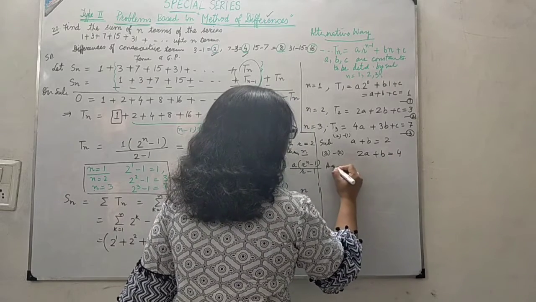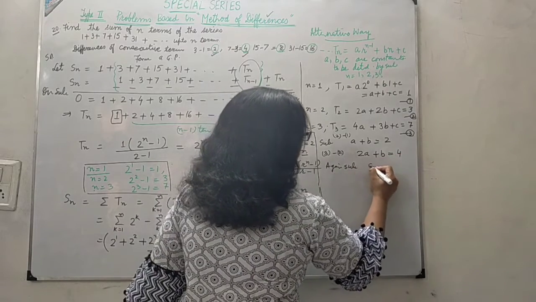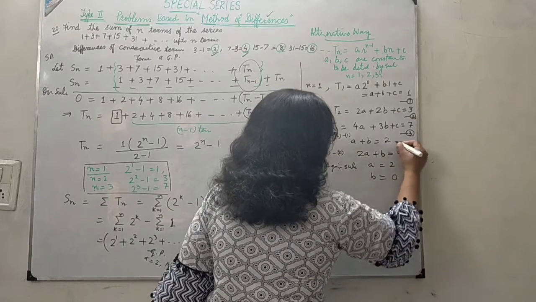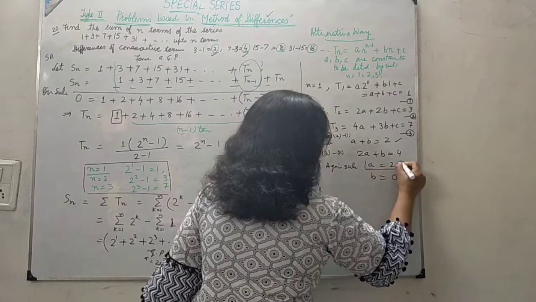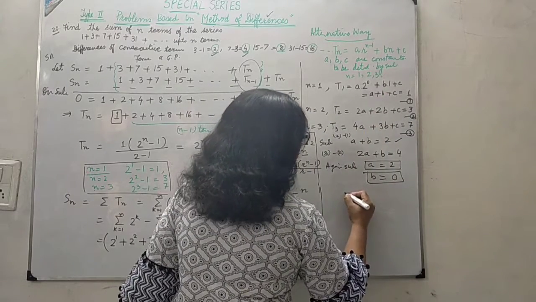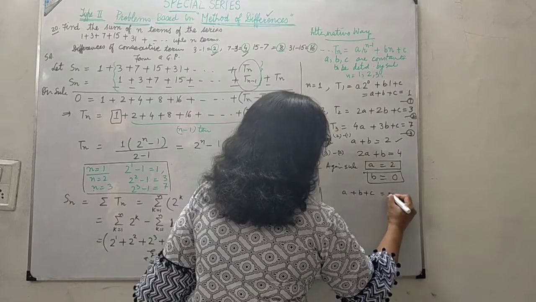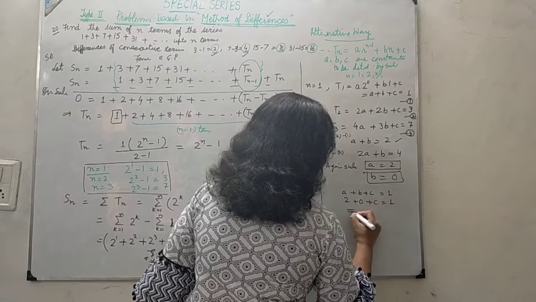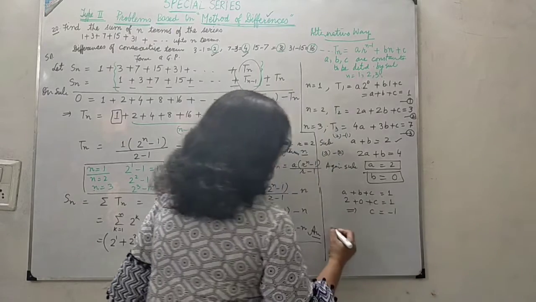So again subtracting we get A as 2. Now if A is 2, then B becomes 0, and after that C becomes, because A plus B plus C is 1, so 2 plus 0 plus C is 1. From here C comes to be minus 1.